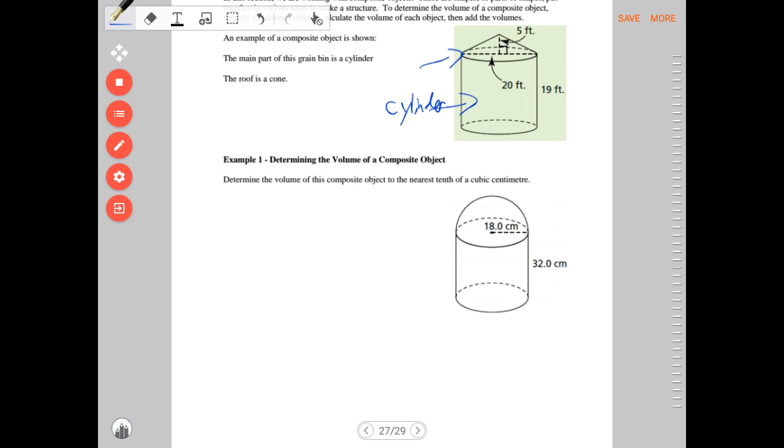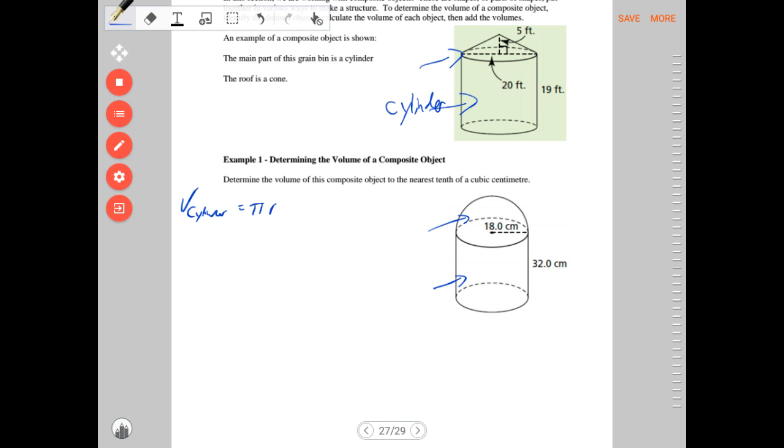Determine the volume of this composite object to the nearest tenth of a cubic centimeter. So we need the volume of a cylinder and the volume of the hemisphere. First, the volume of the cylinder. Remember, that's on your formula sheet.